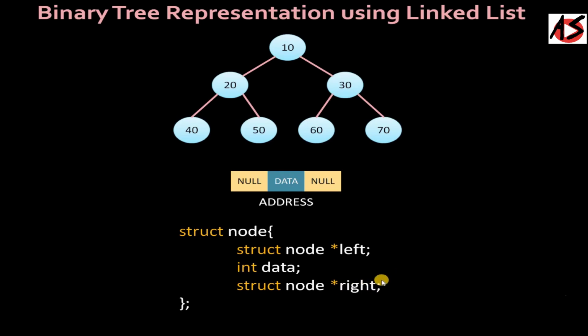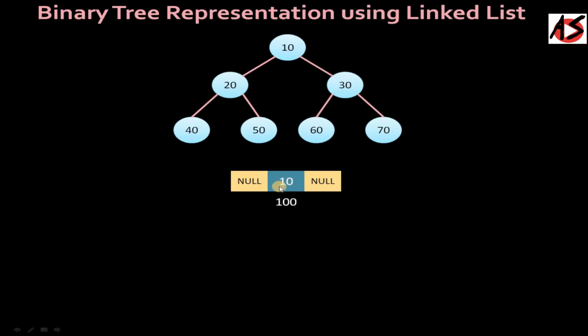So here we will take this node as a root node. We are storing 10 into the data part. Since we have not inserted any node at the left and right side, we are taking the left and right pointers as null. Now we are adding the new node, that is 20.